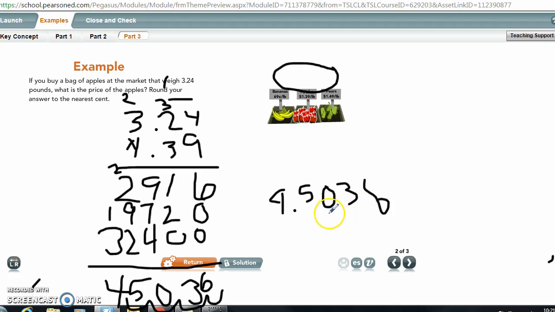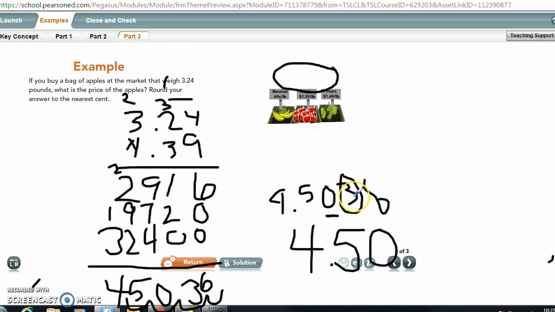So we know that we have to go to the nearest cent. So if I go to the 0, okay, and I look to the number to the right, which is 3, is 3 less than or greater than 5? Well, 3 is less than 5, so I know that I need to round down, meaning my answer is $4.50. That 0 is going to stay the same because 3 is less than 5.